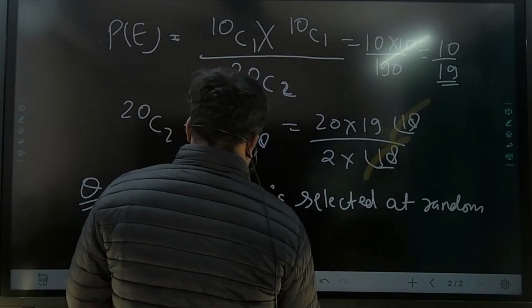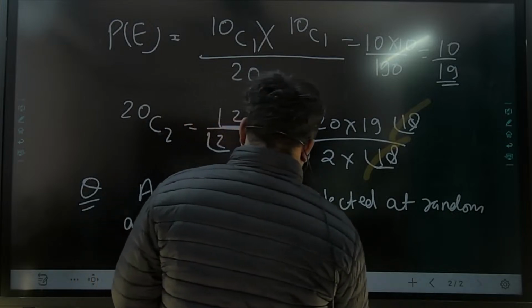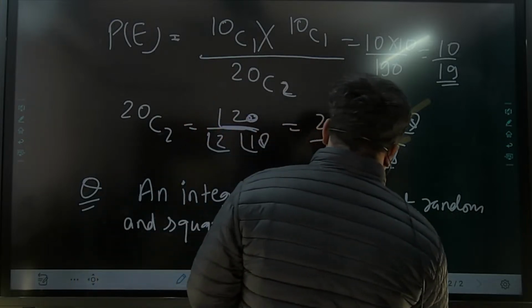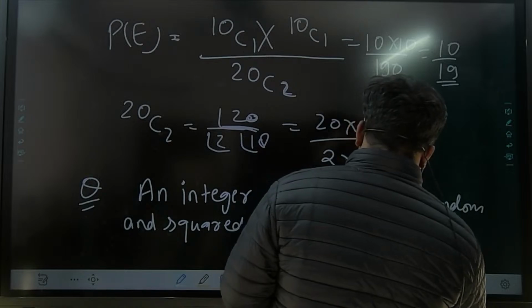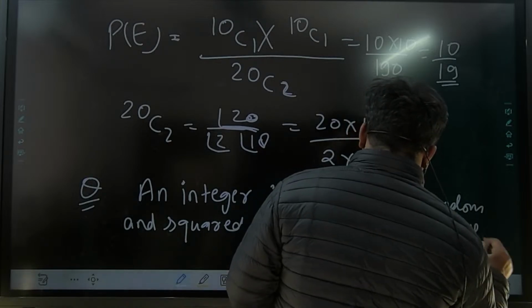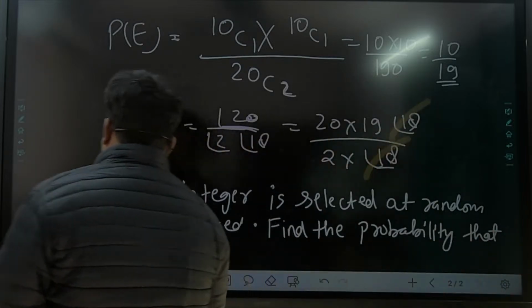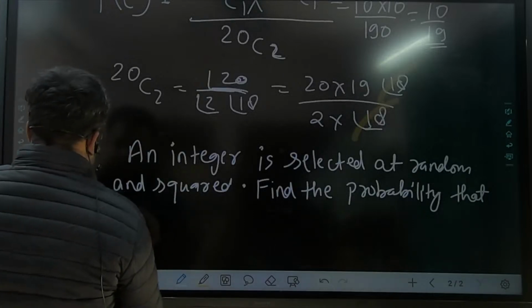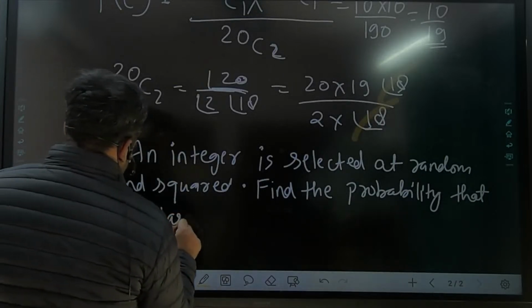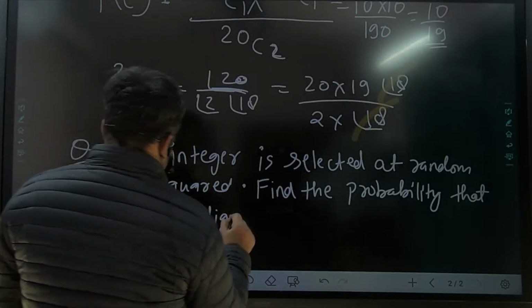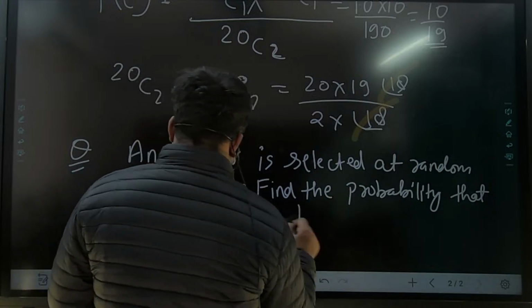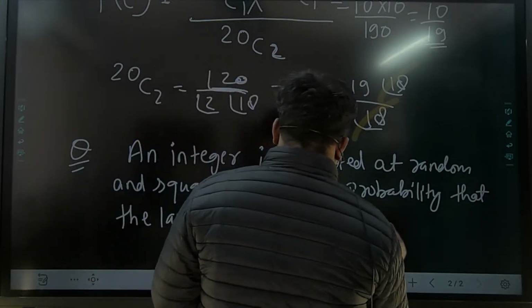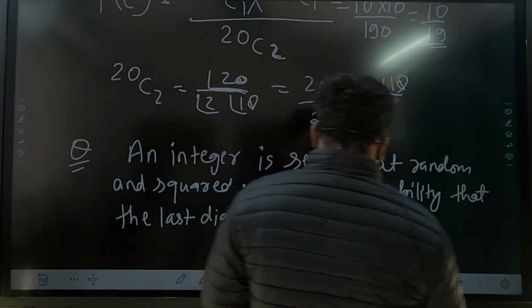Find the probability that the last digit of the square is 1 or 5.